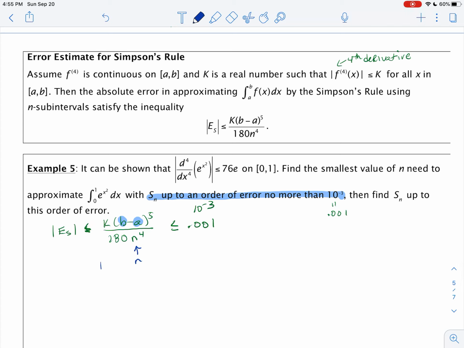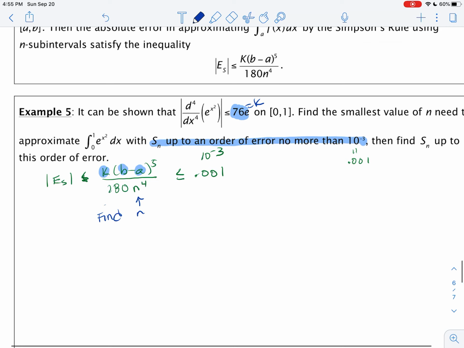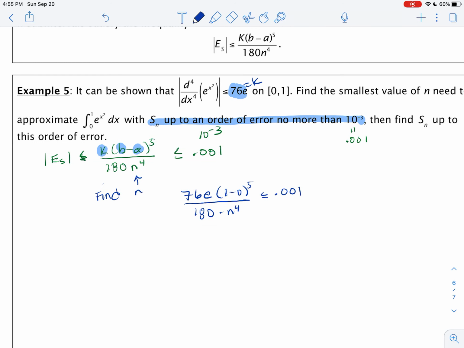It's now time to calculate n, because we also know what k is up here, and our k is 76e. Good. So we just plug in those values there, and we get 76e times (1 minus 0) to the fifth over 180 times n to the fourth, and that's going to be 0.001.